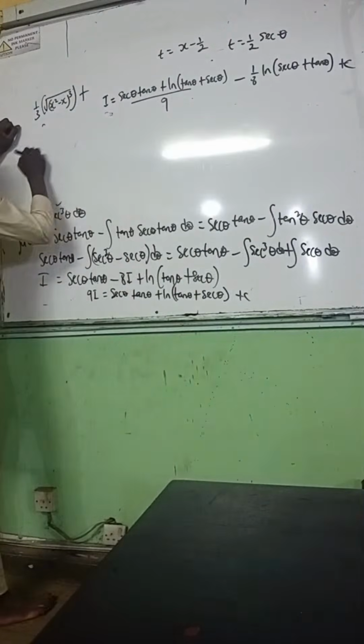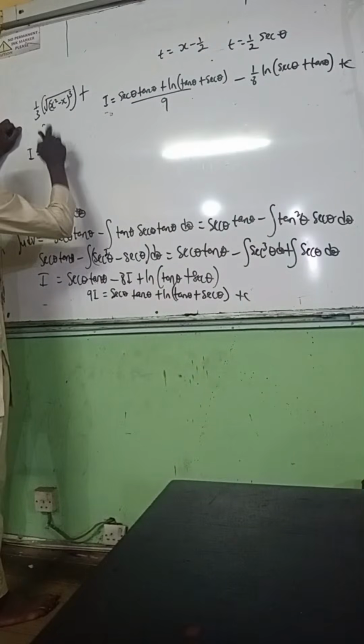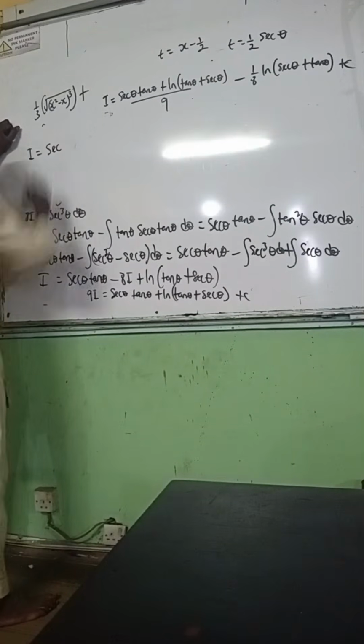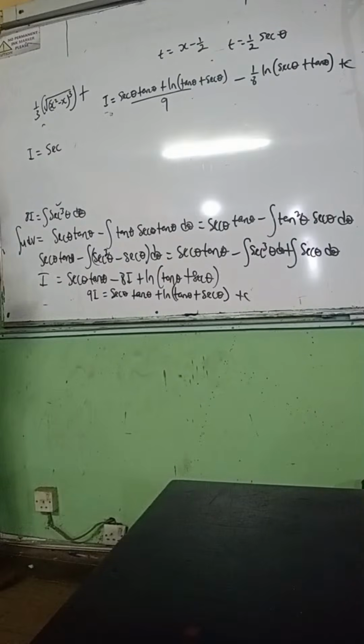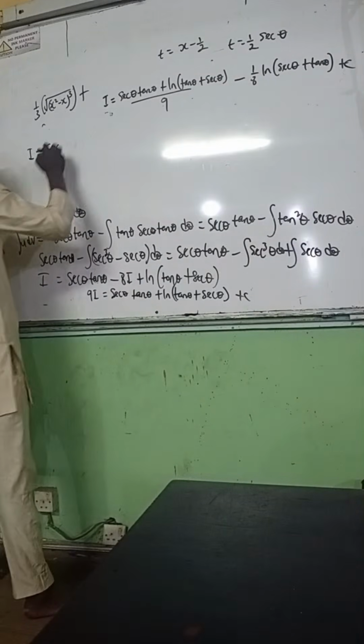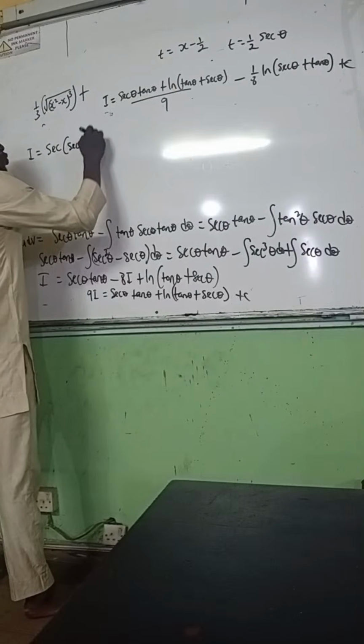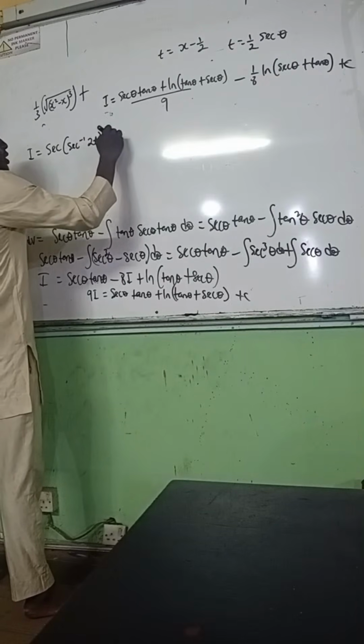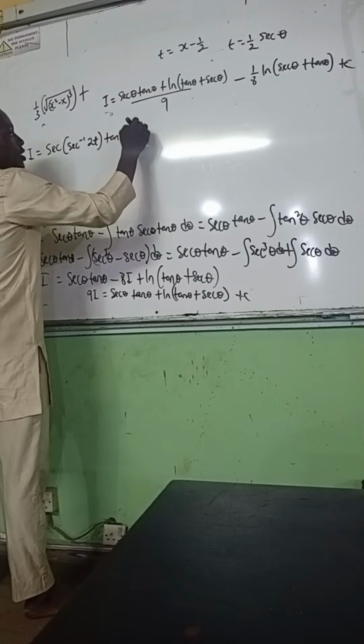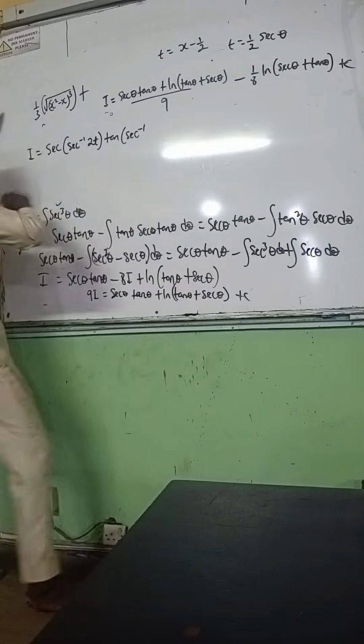So here we have I equals sec theta tan theta. Sec theta is 2t, the secant of sec inverse of 2t, and we cancel, so we have 2t alone there.